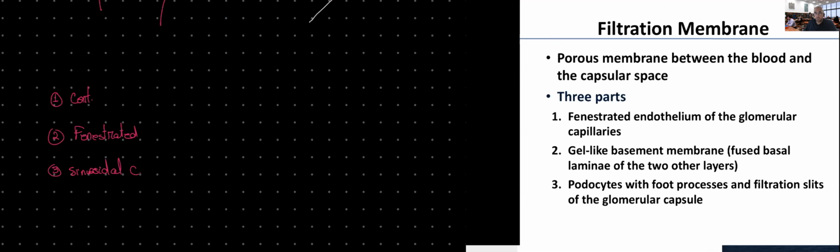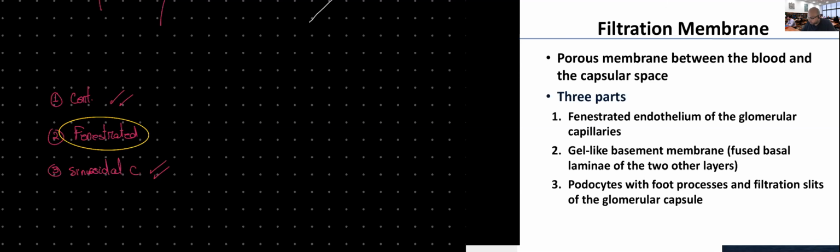capillaries. If you remember, the most common type was the continuous capillaries, and this was the least permeable. The type of capillaries with the highest permeability, those were the sinusoidal capillaries, and the ones that would be allowing moderate amount of permeability, those were the fenestrated capillaries.